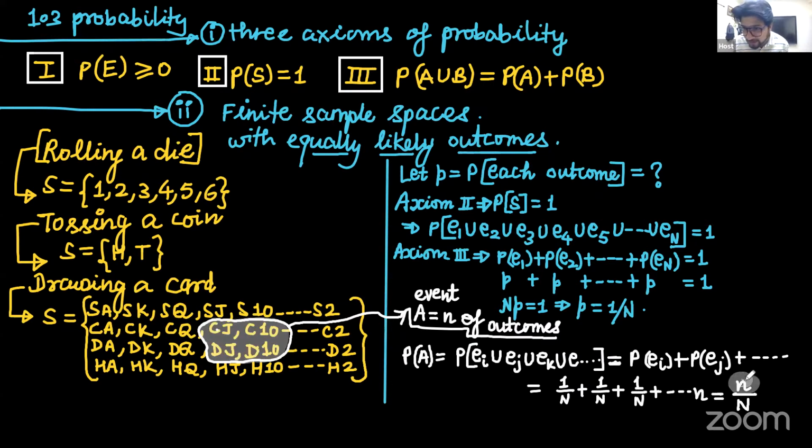And therefore, my dear friends, in the numerator you keep that part of the sample space which favors me, and in the denominator you keep the number of total possible outcomes.